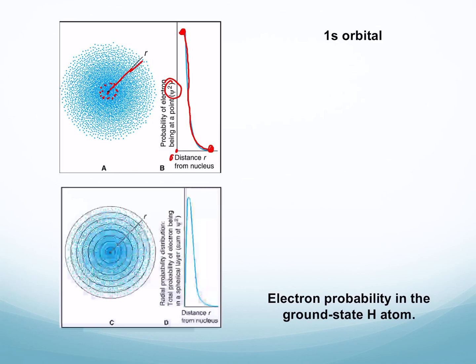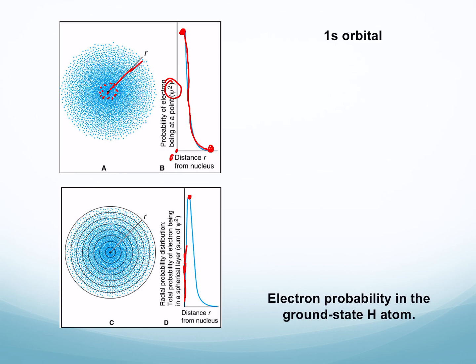So if we think about these rings, you can think about how likely it is to find the electron in the first ring or the second ring. That's what this radial distribution is talking about. If you look, they added a little bit here, because the electron is not going to hang out super close to the nucleus. It's actually most likely to be a little bit apart from it, not quite on top of it.